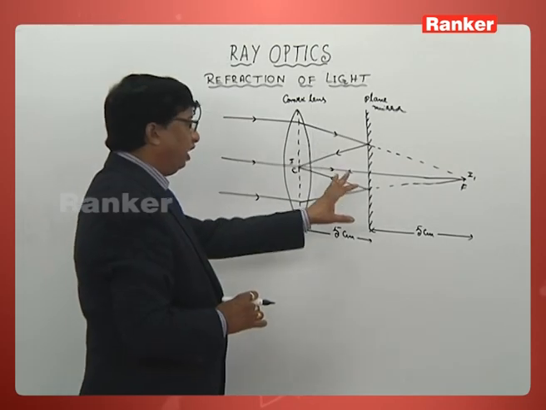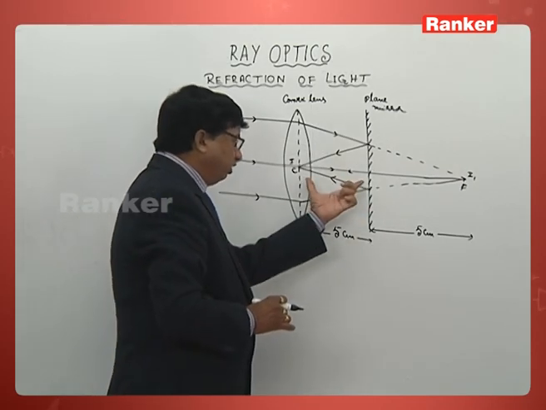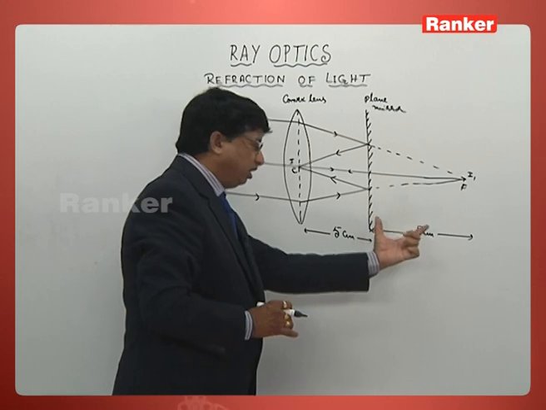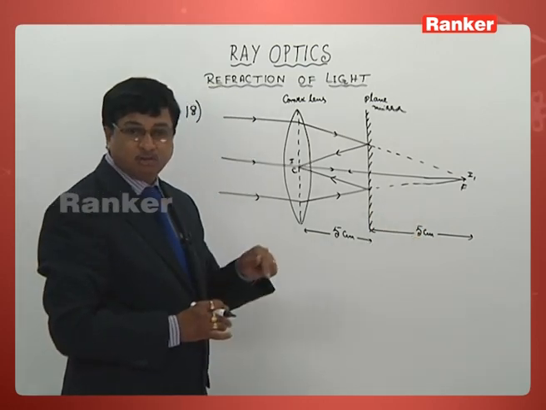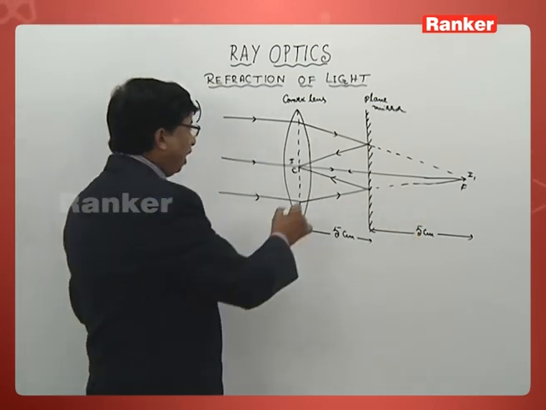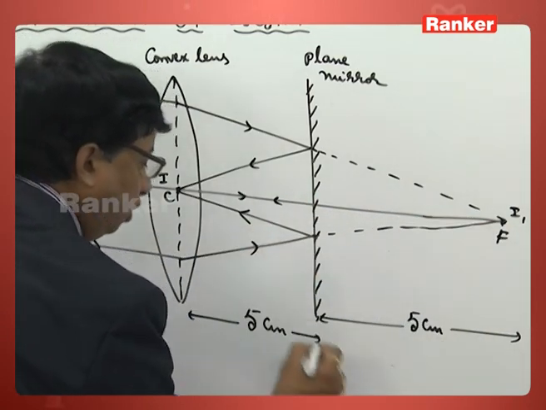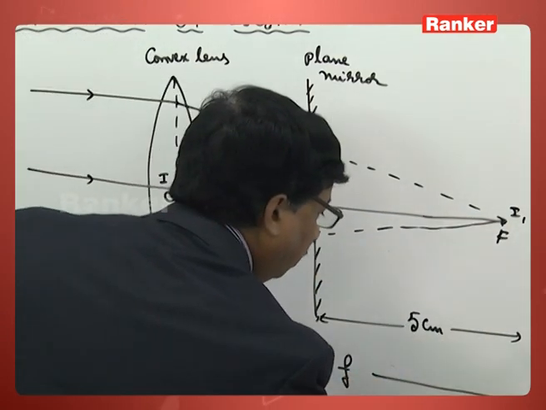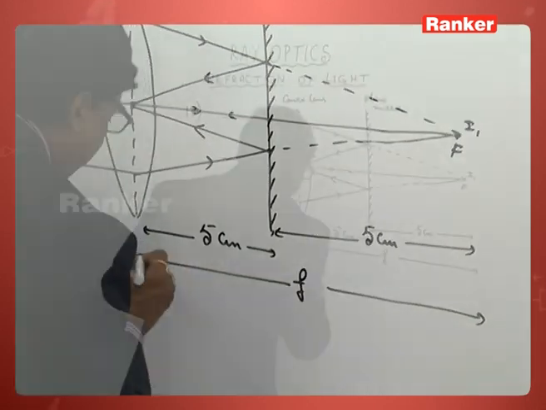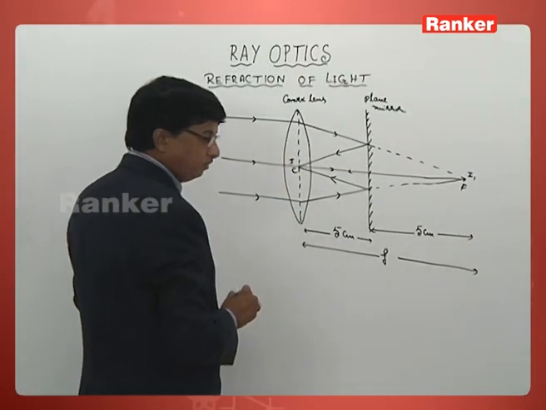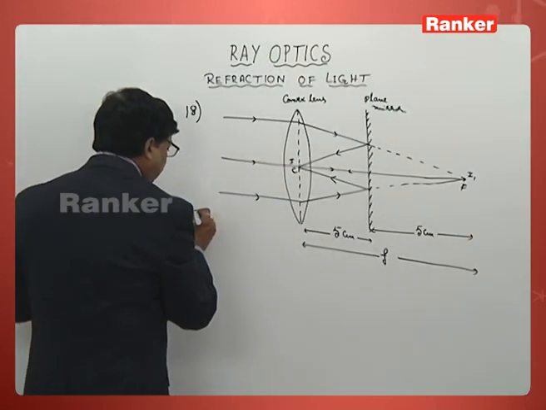You can now understand in this particular case, when this separation is 5 centimeter, thus that separation also should be 5 centimeter, and this total distance must now be equal to the focal length of the given convex lens. So what we can understand now?